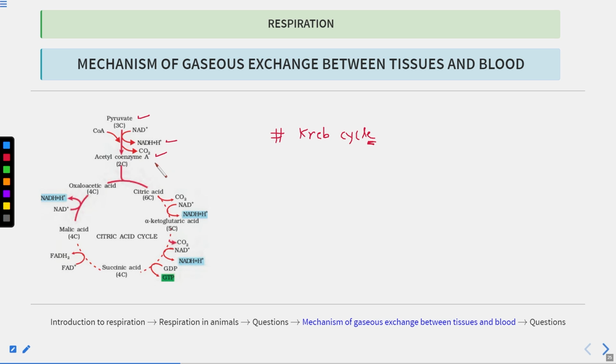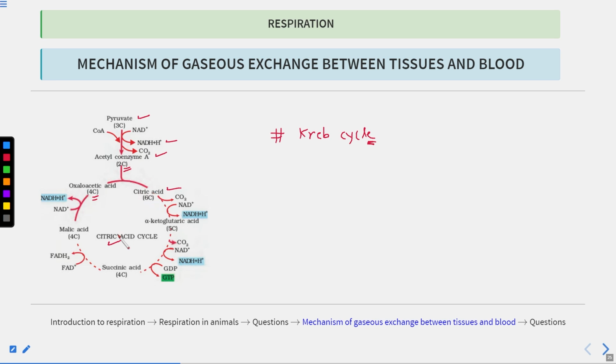Then what happens? Acetyl coenzyme A enters into the citric acid cycle or the TCA cycle or the Krebs cycle. And what is happening here? You have the oxaloacetic acid, which is a 4-carbon compound. So this 4-carbon compound combines with the 2-carbon compound known as acetyl coenzyme A. Then a 6-carbon compound is produced known as the citric acid, also known as citrate.